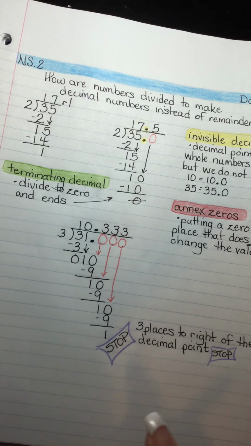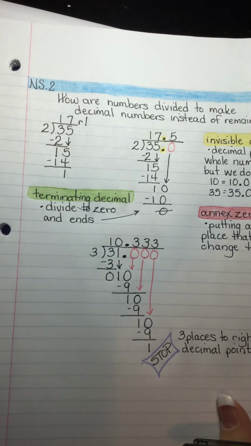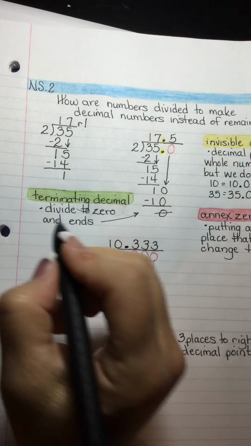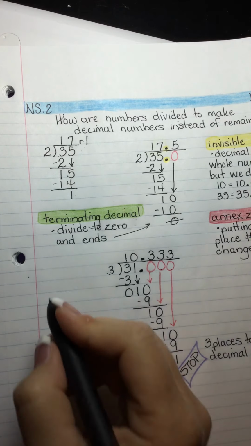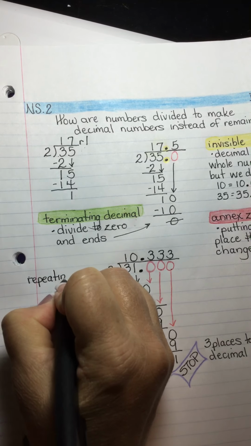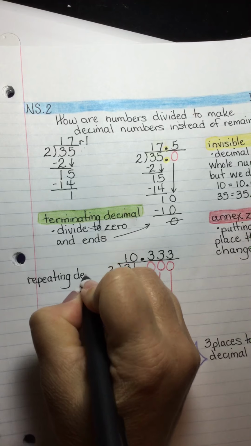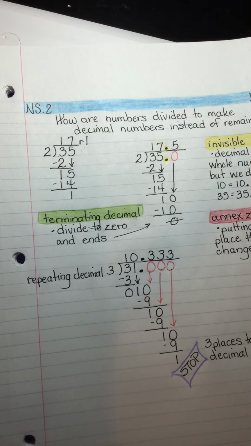Now, if you notice, this keeps going in a pattern, and that has a name, and it's called a repeating decimal. And it means exactly what it says.